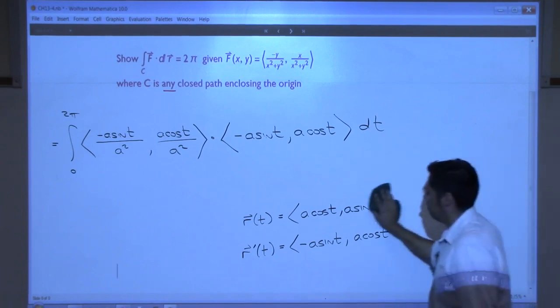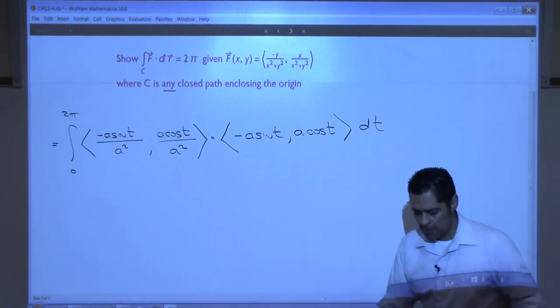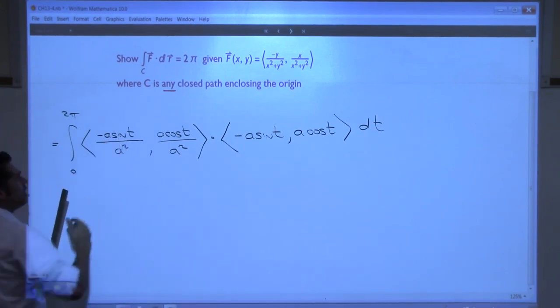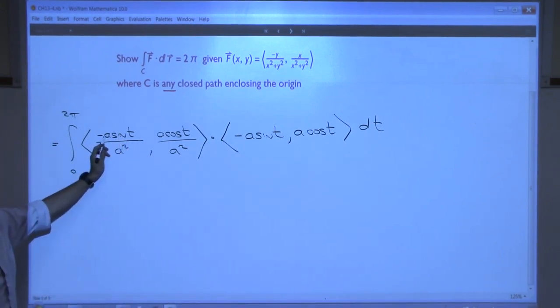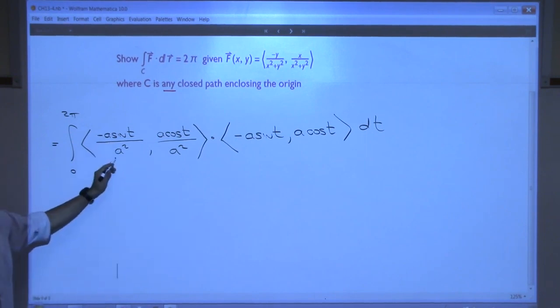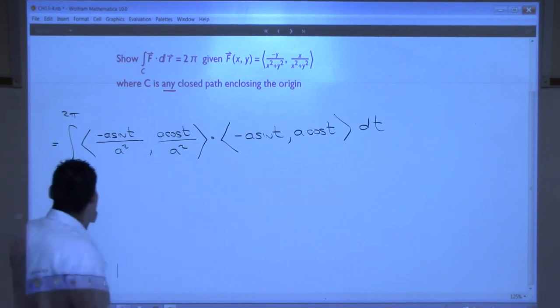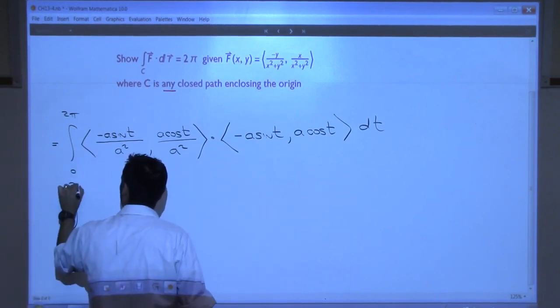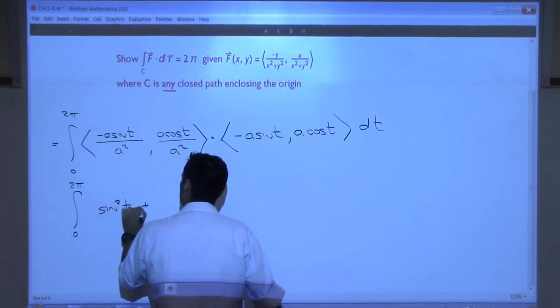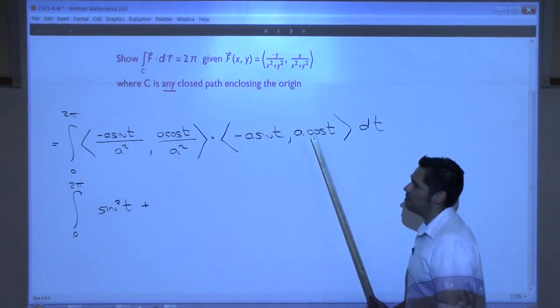And I think we're going to get a really nice result here. When I do this one and this one together, negative a times negative a is a squared sine squared t over a squared, which is just sine squared t. And this is a dot product now, right? So I'm no longer going to have a vector. So I have sine squared t plus, and then same thing happens here, right?